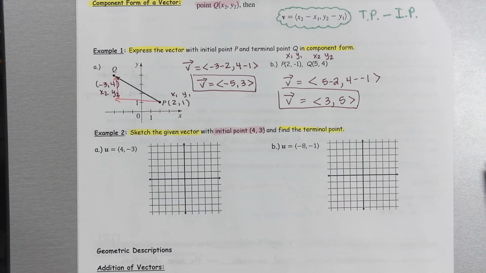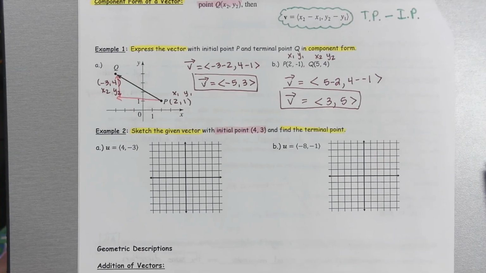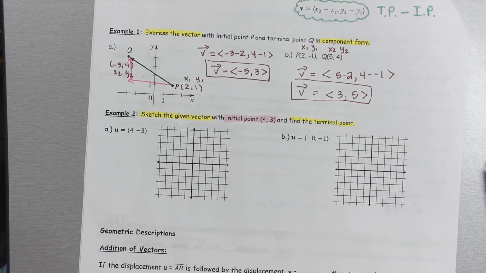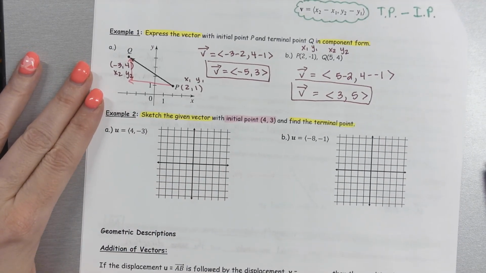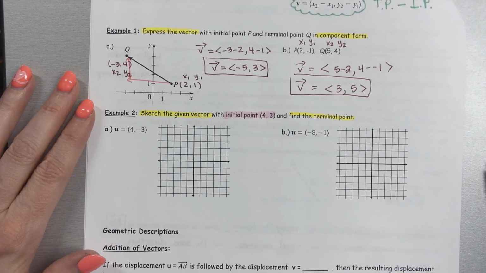So you have the 4, 3. Because we have a limited space here, we are going to have to scale this by 2s. When you're doing this on your own graph paper, you can go by 1s and start wherever you would like, and then you'd be able to extend it.